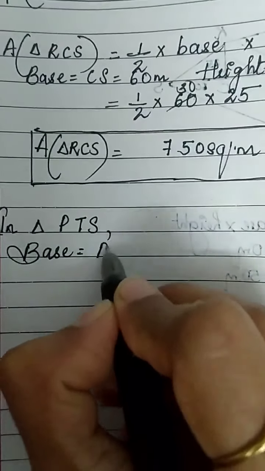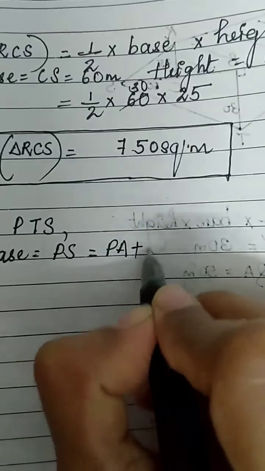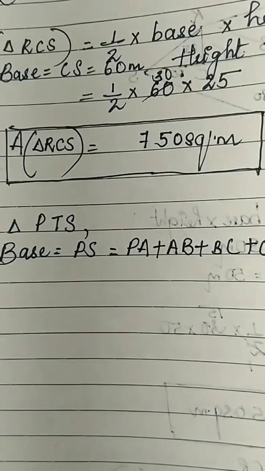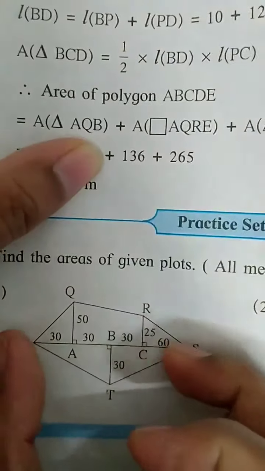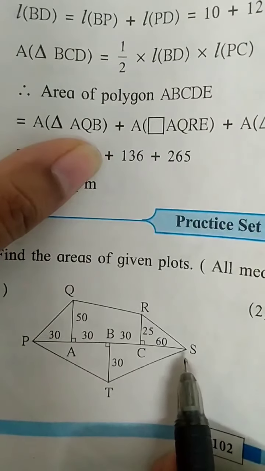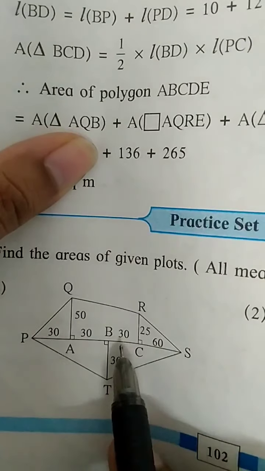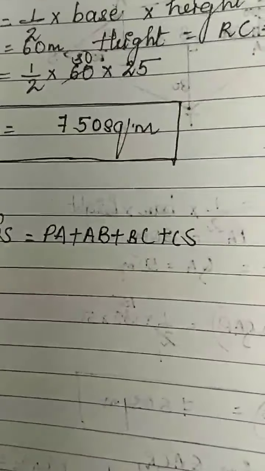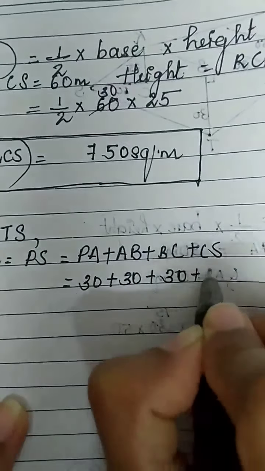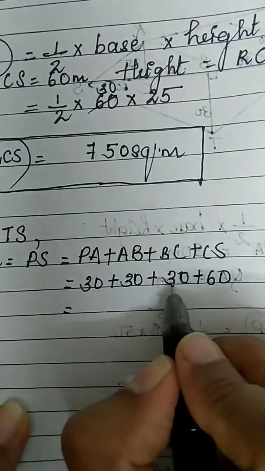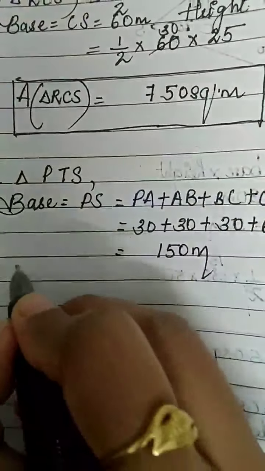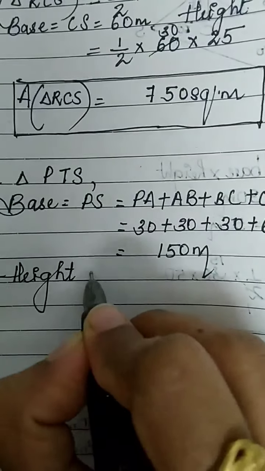Base is equal to PS, which is equal to PA plus AB plus BC plus CS, which is equal to 30 plus 30 plus 30 plus 60, which is equal to 60, 90 and 150 meter total. Then the height is given clearly.